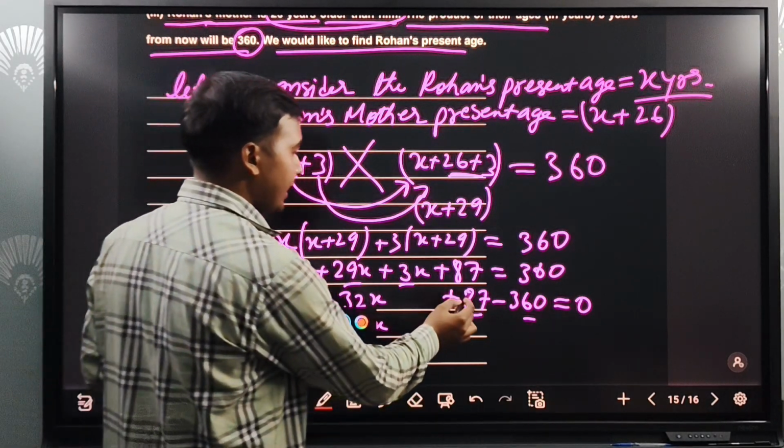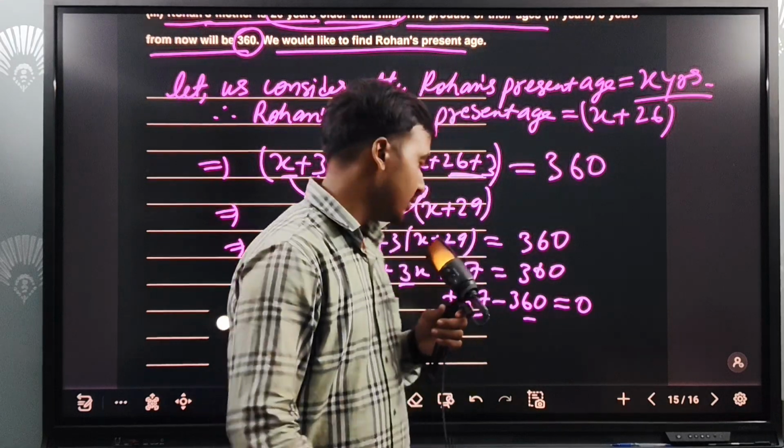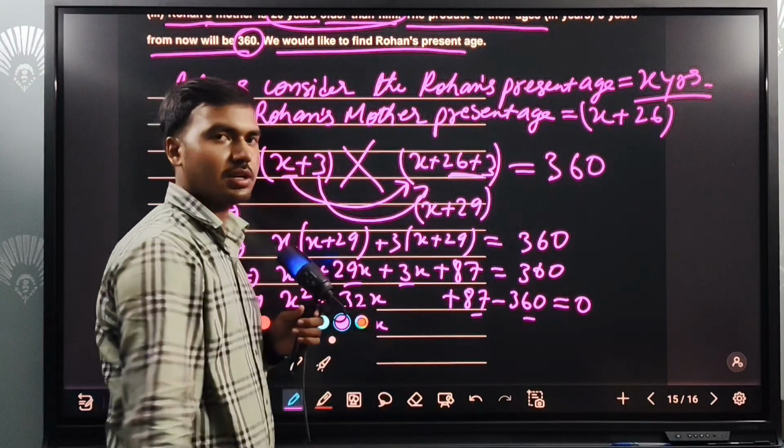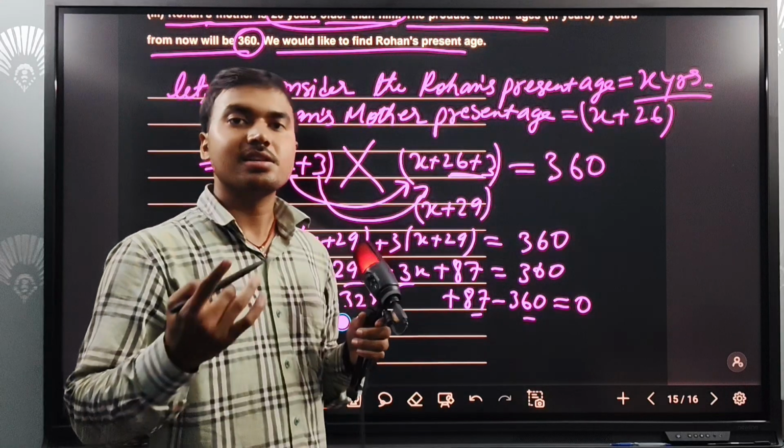On solving 87 and 360, the signs are opposite, so we will subtract the smaller number from the bigger number and put the sign of the bigger number.